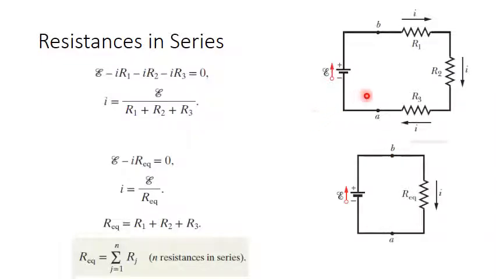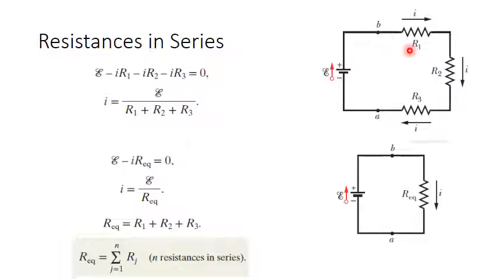If we are talking about a single loop across this circuit, the summation of the potentials along the loop is zero. Assuming the current is going clockwise, the electric current is in the same direction as the electromotive force, so the electromotive force is taken as positive.